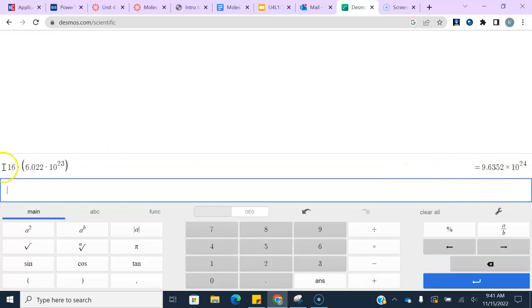So 16 times 6.022 times 10 to the 23rd will give us 9.6352 times 10 to the 24th. This is going to be your answer. So the answer to that question is 9.6352 times 10 to the 24th.